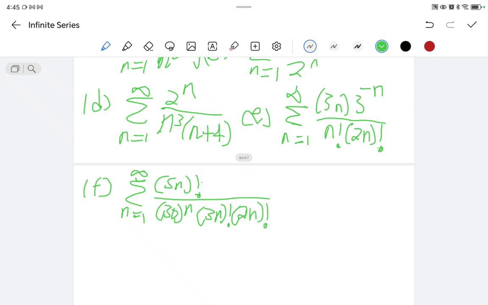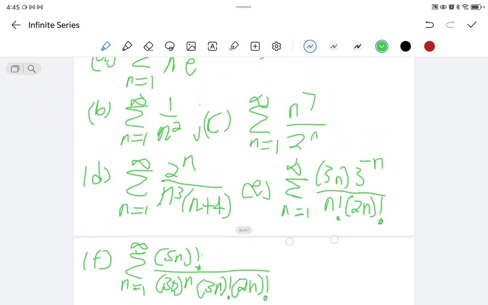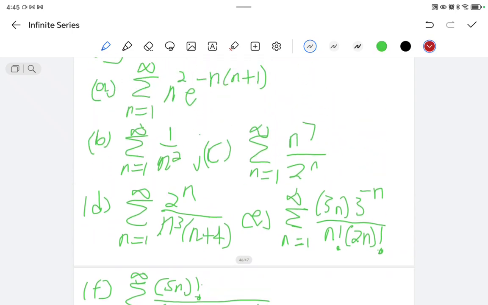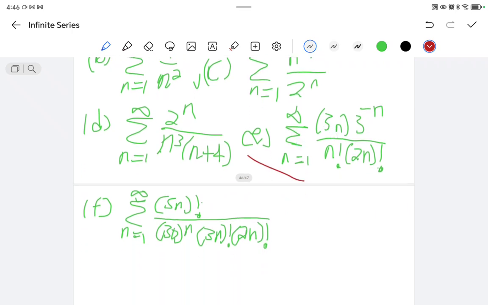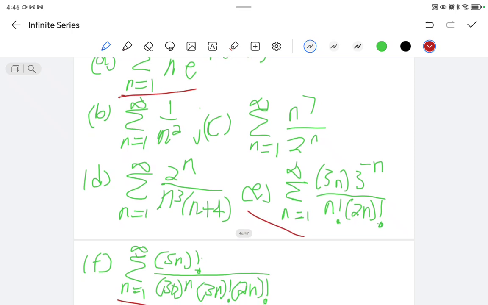You see, A, F, E. Let me even underline them. I'm going to underline F, E, A, and these ones fall under what we're just doing here. So B, C, those are simple.